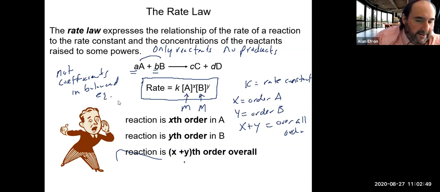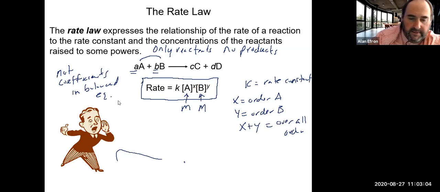So you may think, well, it's just going to be the coefficients, and they are not the coefficients. x and y are found experimentally, which means when you get a problem where you're trying to figure out the rate law, you typically will have a table, and your table will look like some of this here.